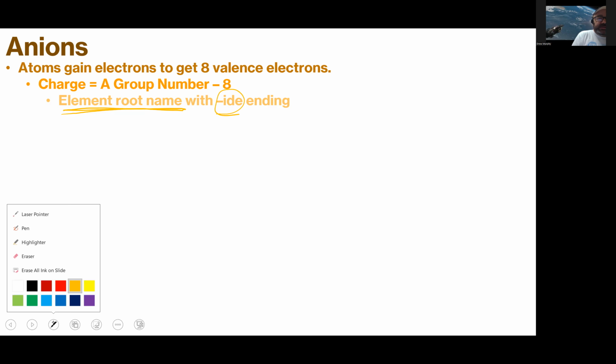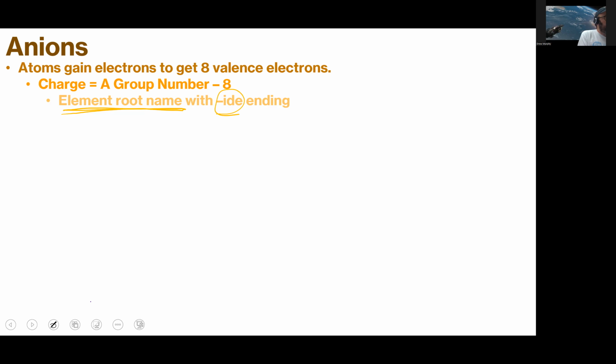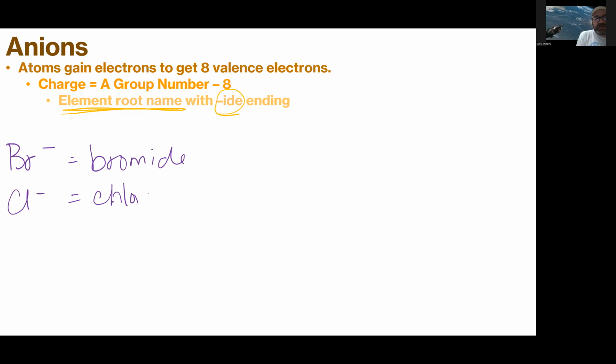All right, let's look at some of these. So for example, Br minus, that's bromine, so this is bromide. If we have Cl minus, that's chlorine, so this is chloride. This happens a lot.